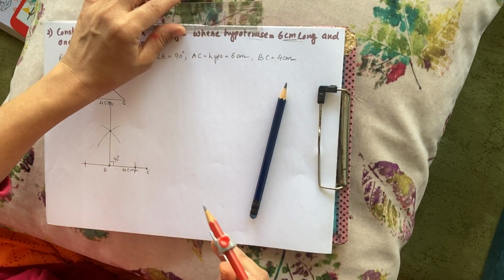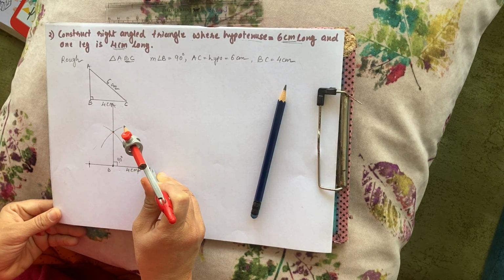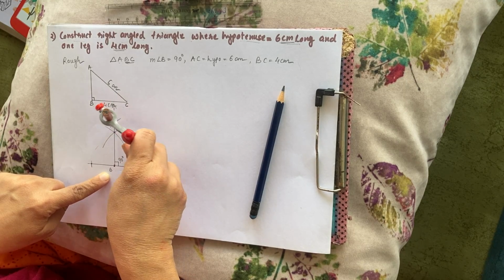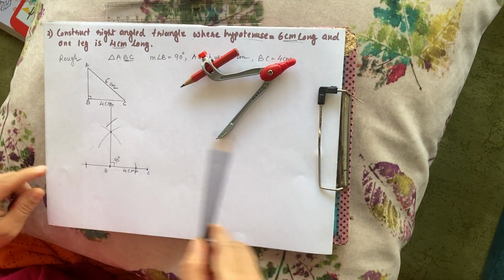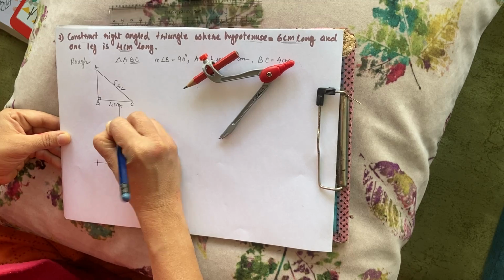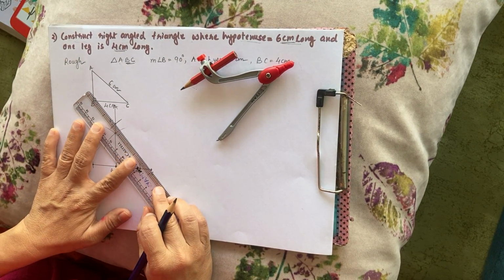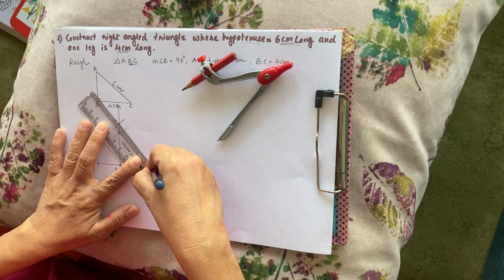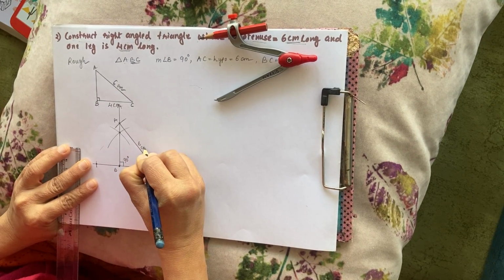Now, keep C as the center and cut an arc on this angular ray, and that point is your point A. This is your point A, children. Join this point C and A with the scale. So, your 6 centimeter segment is ready.